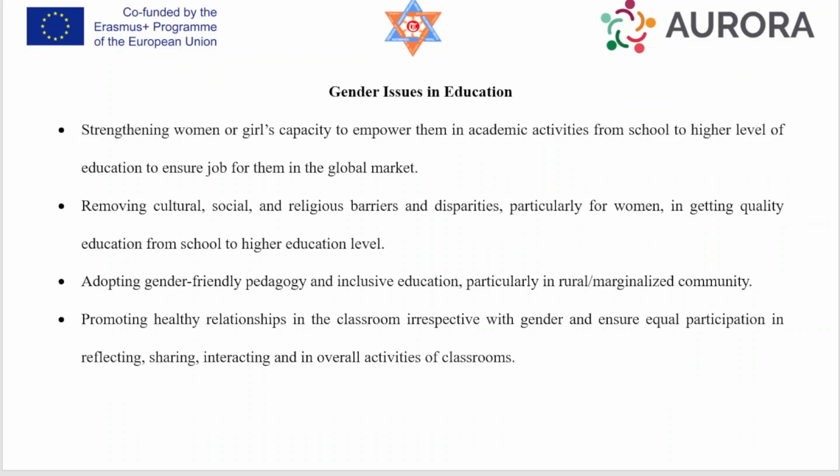Strengthening the capacities of women and girls in academic activities is crucial. This includes providing support and resources from the school level to higher education, ensuring that they are well prepared for meaningful participation in the global job market.